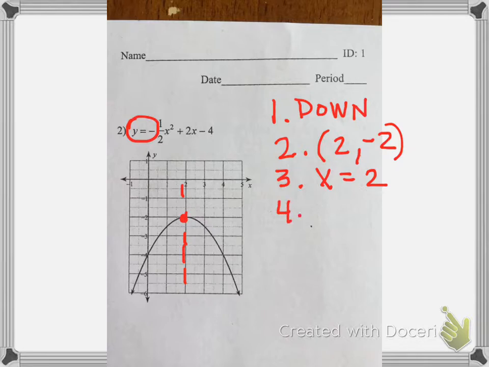Fourth is the minimum or maximum value. Well, this parabola has a maximum value, and the vertex is its maximum value. Because it opens down, it has a high point.